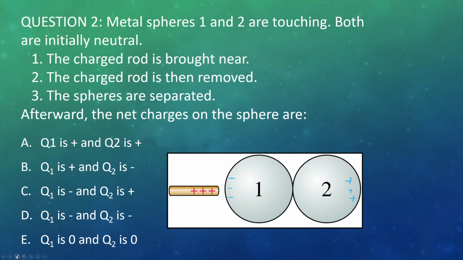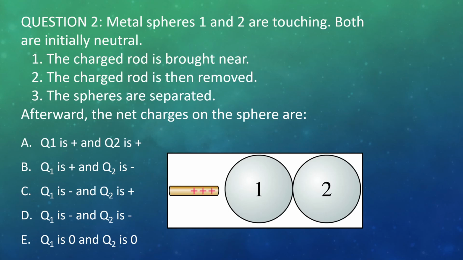You're taking away the charged rod as soon as you bring it nearby, and so those charges go back to where they were. Then you separate the spheres. Well, there's no positive rod nearby to cause an influence anymore, so they're just back the way they were. The answer here is E. They are both neutral still, both a charge of 0.